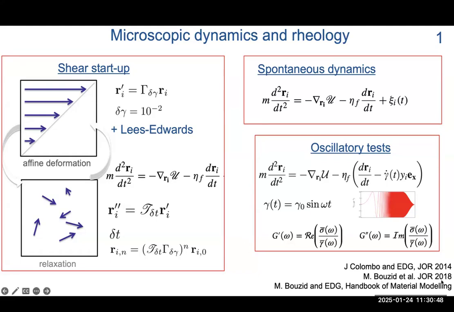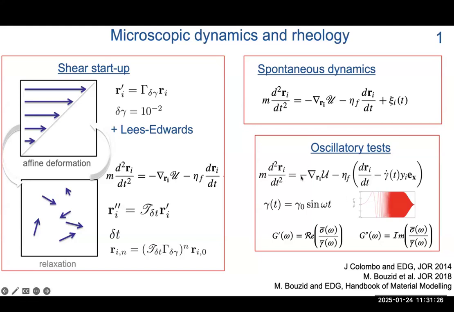I can do, in fact, oscillatory tests, right? I can oscillate my simulation box back and forth with a certain amplitude, and this is implemented with this set of equations here. Typically, I have a strain that oscillates in time, and this translates into a rate of strain that I can directly input in the equation of motion, where I try to convince the particles to follow the flow profile that would correspond to that strain rate.